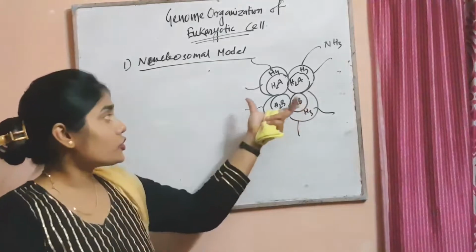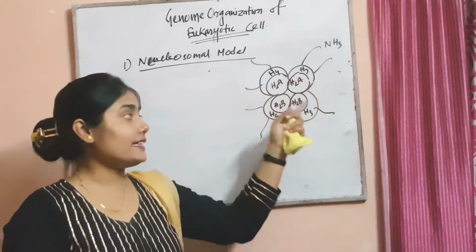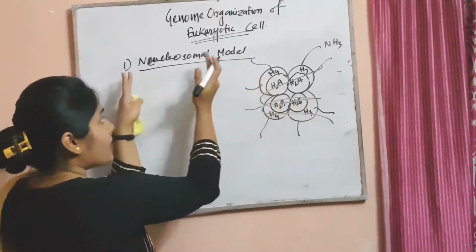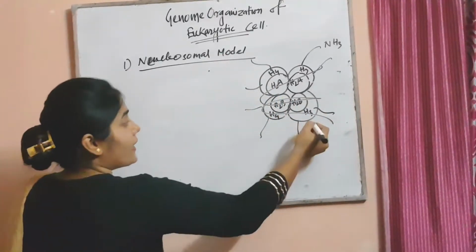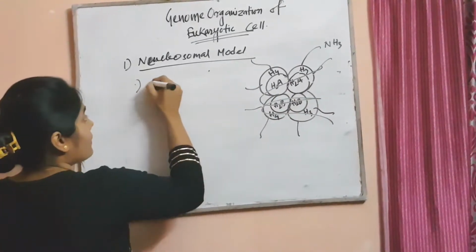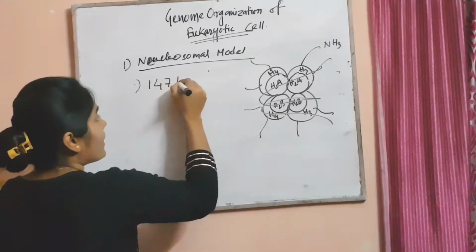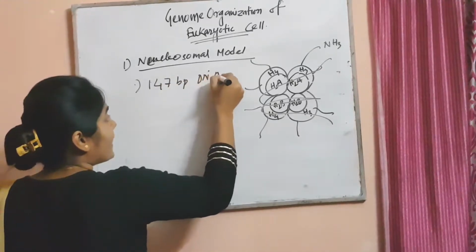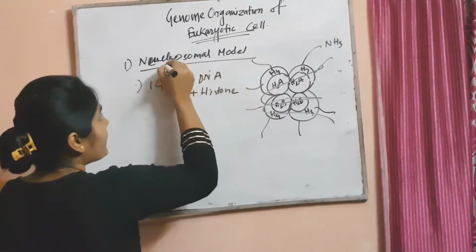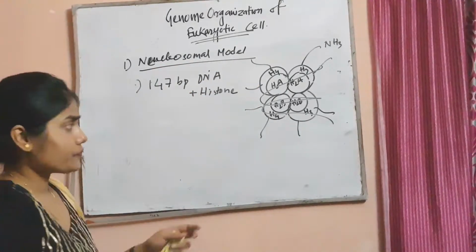And when the histone protein interacts with the DNA like that, this would be the nucleosomal model. 147 BP DNA interacts with the histone protein, and this would be the nucleosomal model.